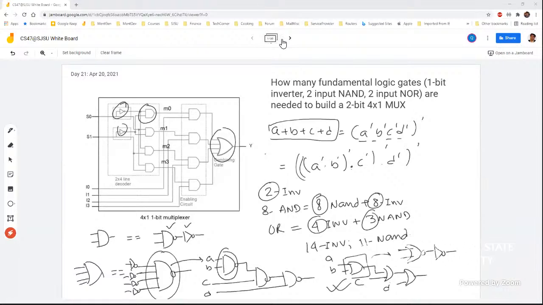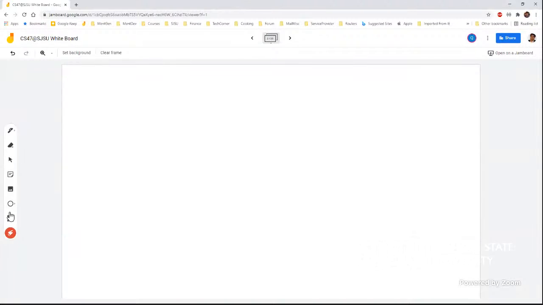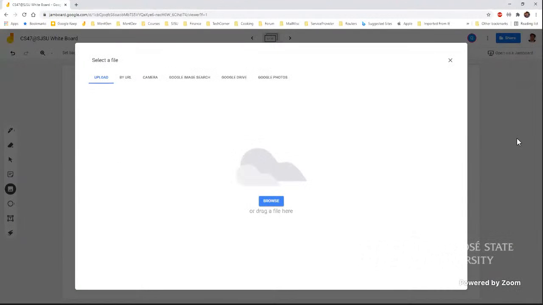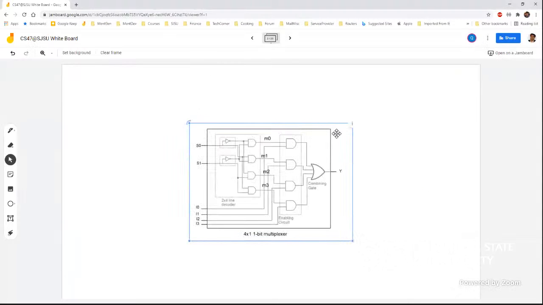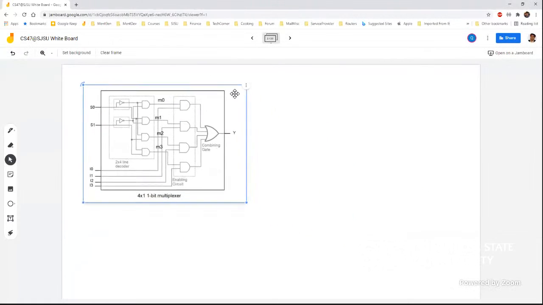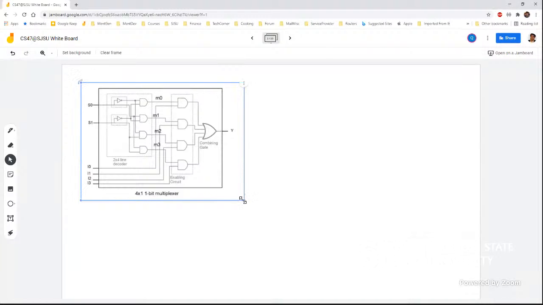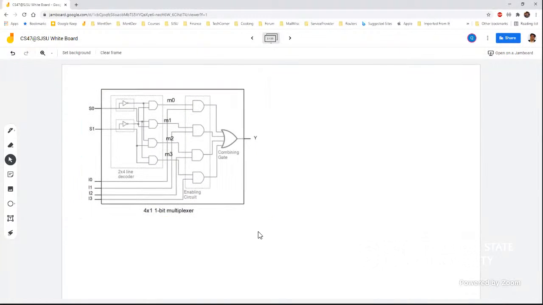Okay, now the question becomes, how do we extend this simple thing to the 2-bit 4x1 multiplexer? Let's try that. So this is your 1-bit 4x1 multiplexer. Now how do we change it to 2-bit?